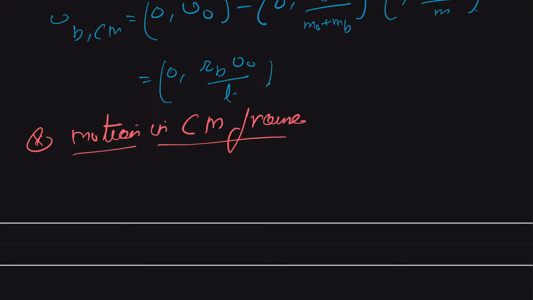And secondly, the string constraint is that both the masses will always be at a distance of L apart. The distance between the two masses A and B is not going to change, and we know that the velocities are always perpendicular to their line of centers. Therefore, we can draw an important conclusion that there will be rotational motion about the center of mass.